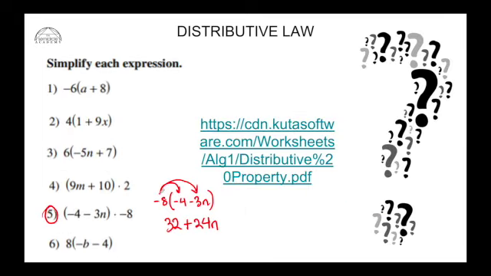I take the -8 and I multiply it by the -4. That's the first thing that I do. So 4 8s are 32, and remember, a negative times a negative is a positive. So -8 times -4 is positive 32. And then that is minus 3n.